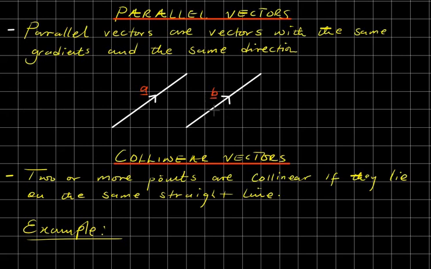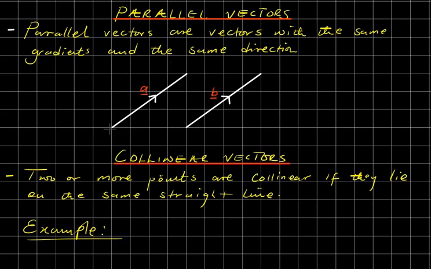They don't necessarily have to be equal, but they just have to be parallel. Of course, they can be parallel and at the same time equal, but in this case we are talking about parallel vectors. So essentially I just want two vectors that are parallel to each other. We are saying they should have the same gradients.